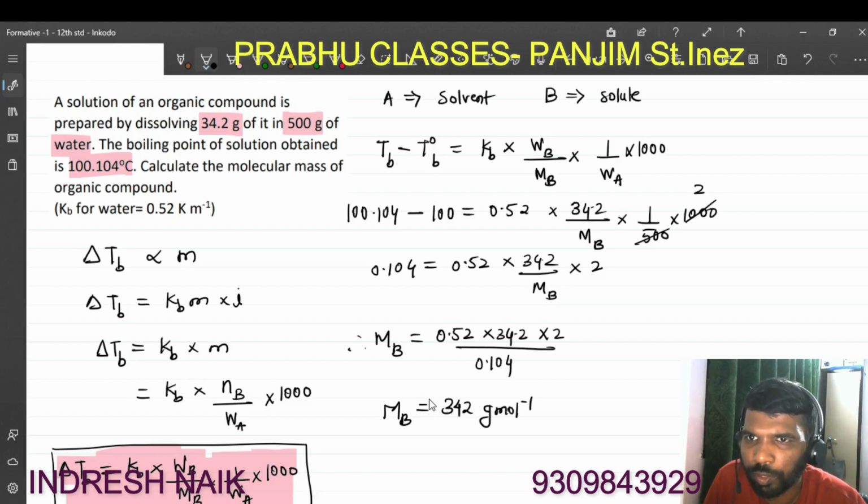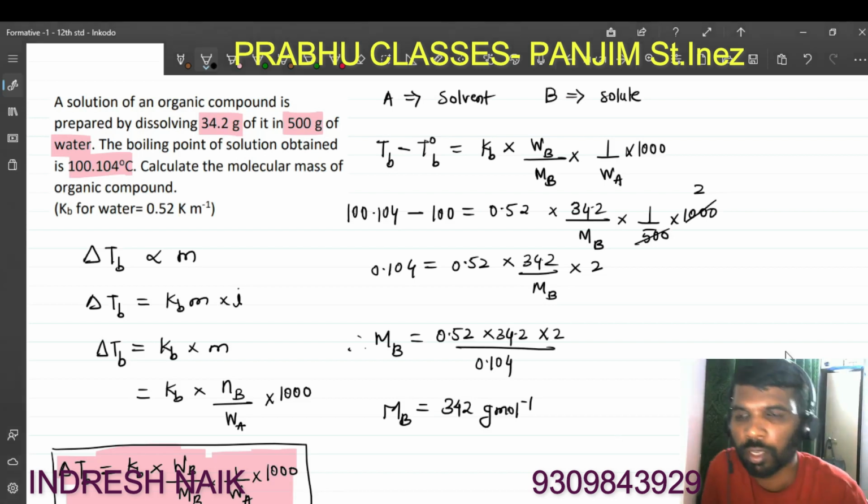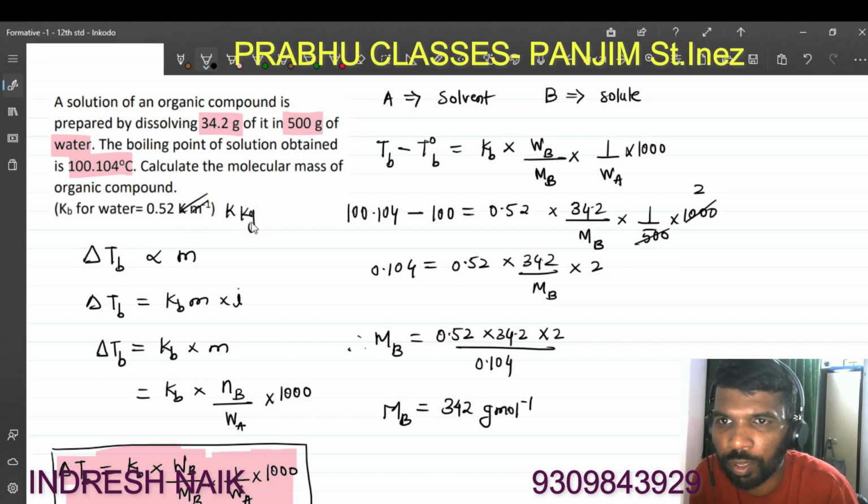So here, yes, this should be the unit. Let's see how the units get cancelled. Here this is Kelvin kilogram per mole, and this unit is Kelvin kilogram per mole.